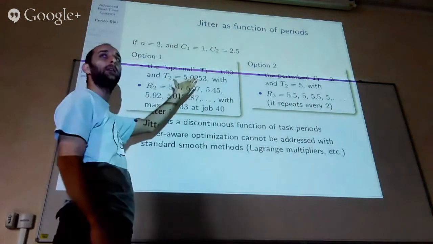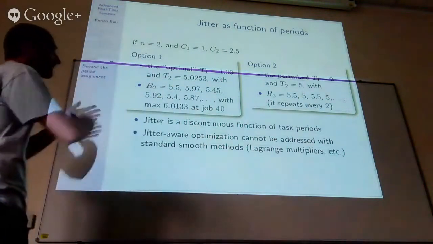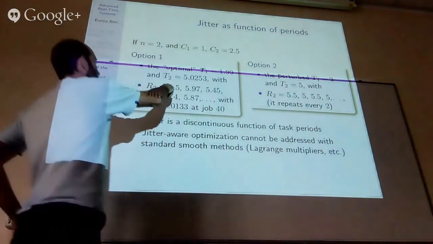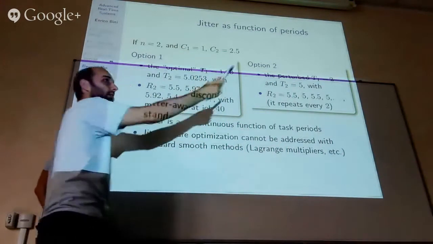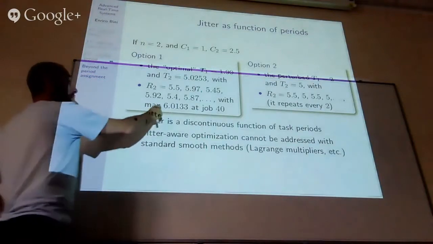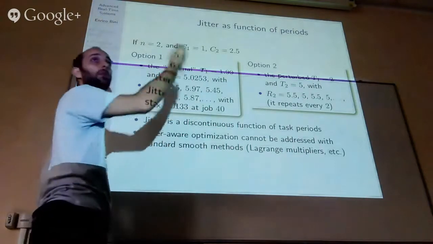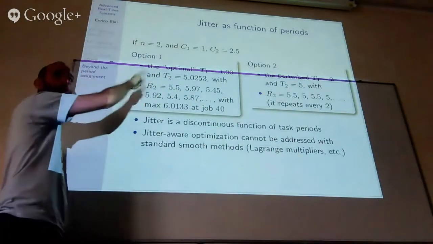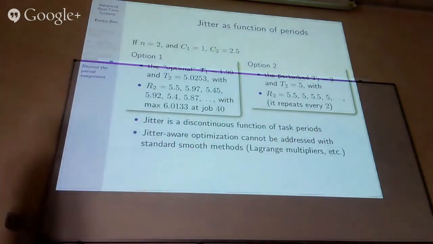If you do the math, you will find out it follows this very strange, very noisy pattern: 5.5, 5.35, 5.45, 92. So it's really a crazy path with a maximum response time at 6.0, which occurs at job 40. So the response time of the second task is very long.